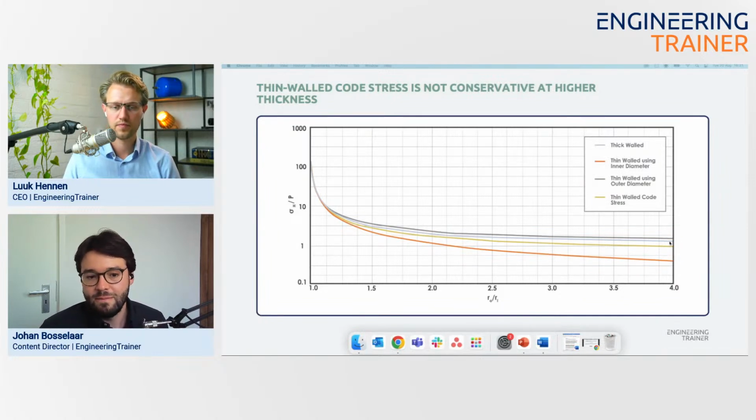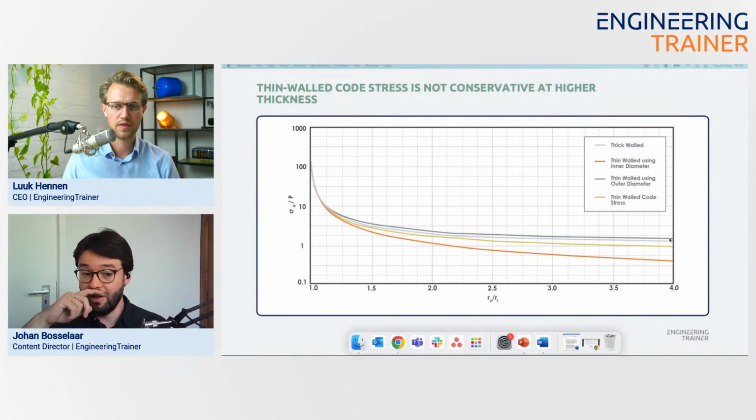So then you can't just say, okay, we use this equation or that equation. You have to use the thick-walled equation, right? Or you want to have the most realistic equation. What you can also do is use the uppermost equation, the thin-walled equation using the outer diameter.